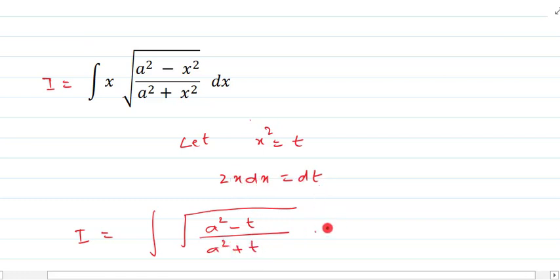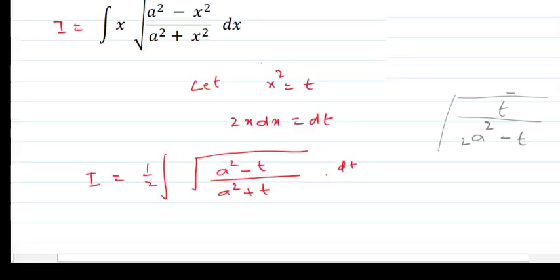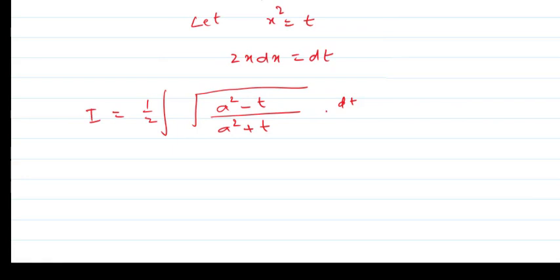So dt and taking 1 upon 2 outside the integration sign. But as I explained in second part, in one of the last questions, that we always try to expand the numerator.